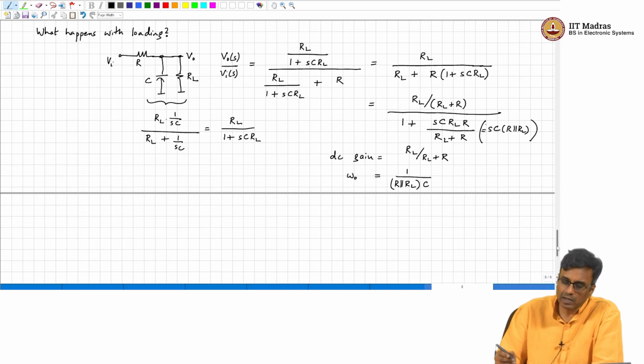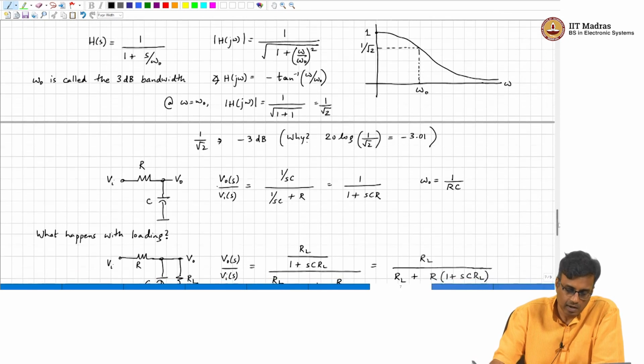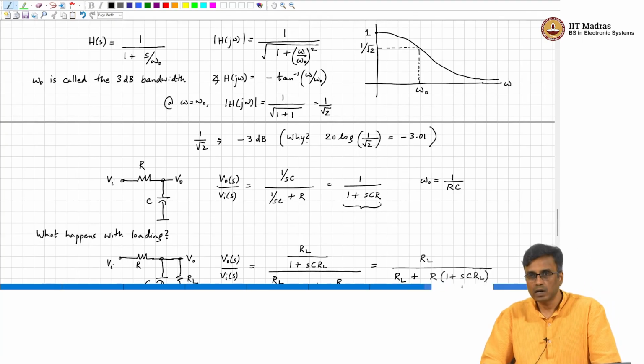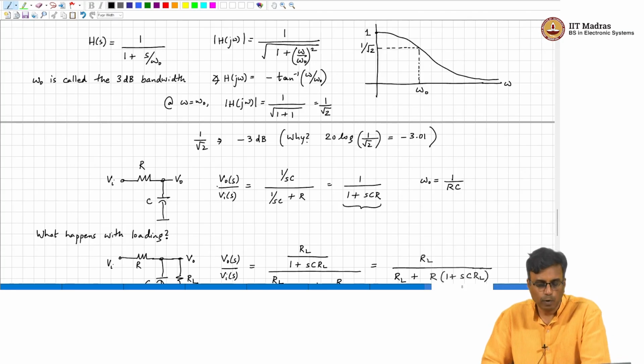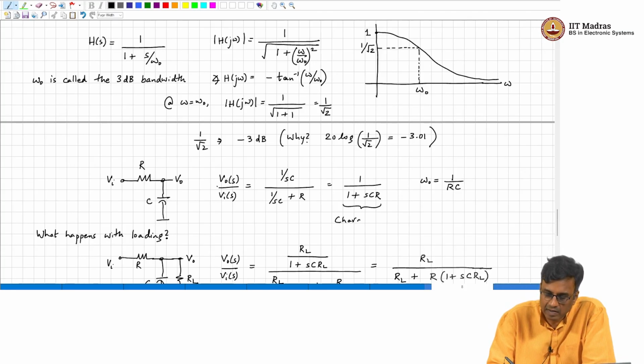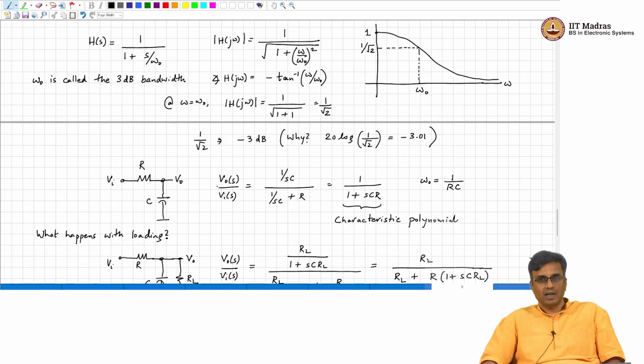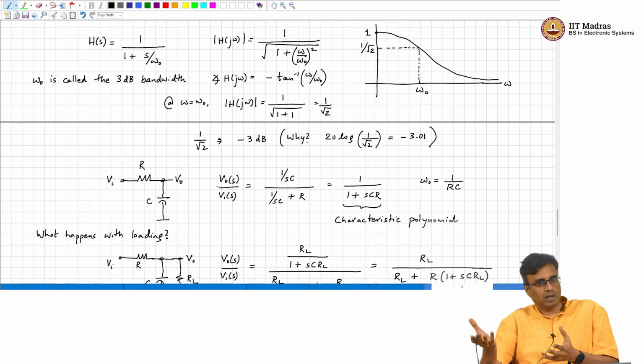Basically, remember that this is the denominator polynomial of the network, and the denominator polynomial is also called the characteristic polynomial. As the name suggests, the characteristic polynomial is characteristic of the network, and does not depend on where you apply the input and where you look at the output.